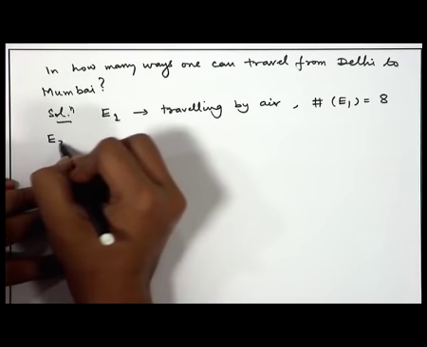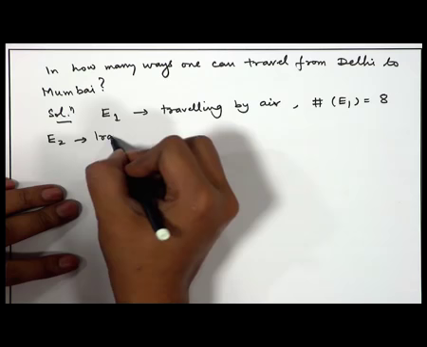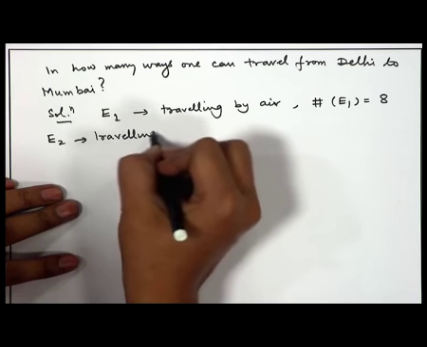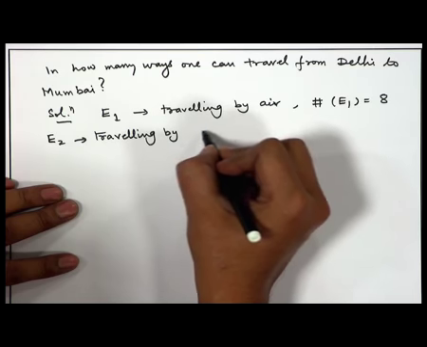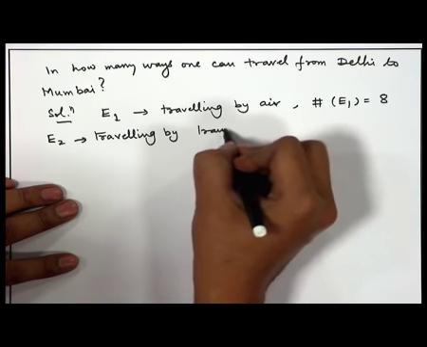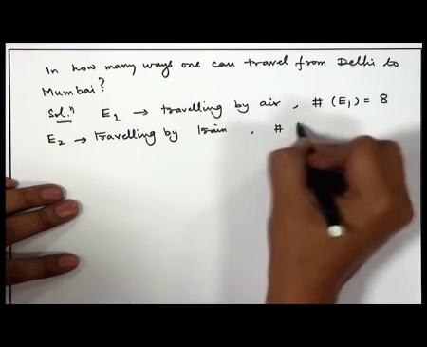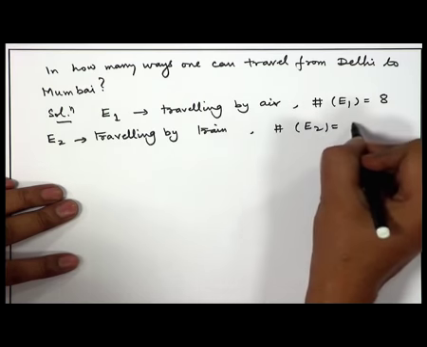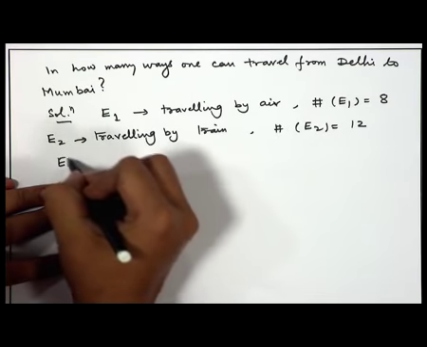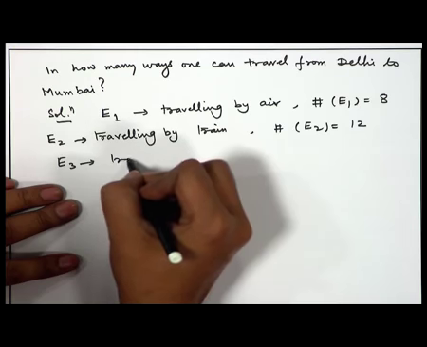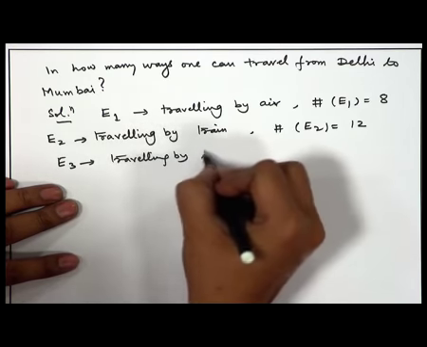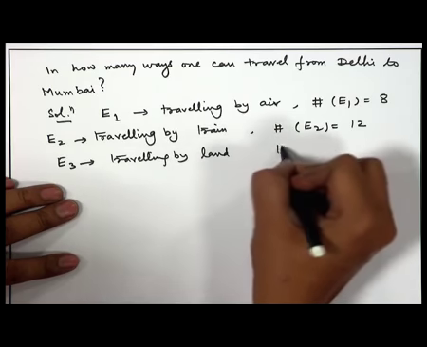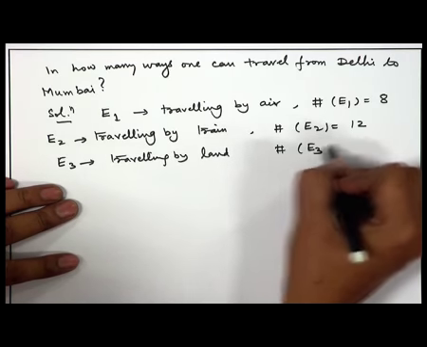E 2 is travelling by train, then the cardinality of E 2 is 12, and E 3, suppose I consider travelling by land, then the cardinality of E 3 is 2.